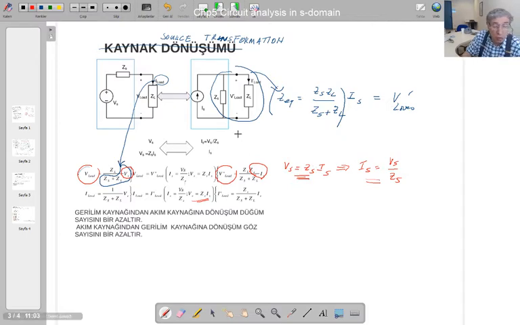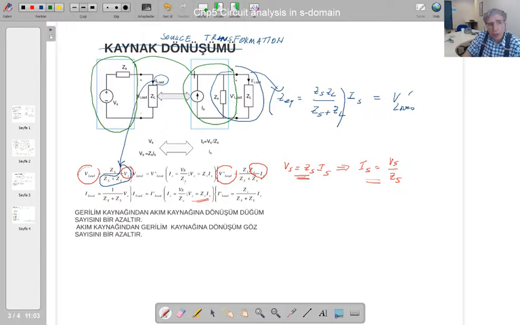You can say that, on the other hand, if you have a circuit like that, and this current source is in parallel with an impedance here, you can replace this one with that blue one, blue marked here, or I am marking it now with green.